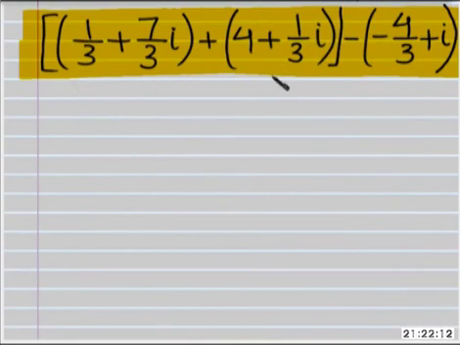We have to express it in the form a plus iota b. First of all, combining the real and imaginary parts and then solving it.